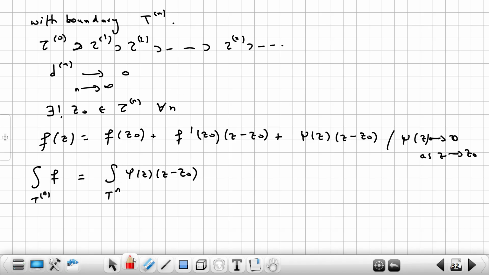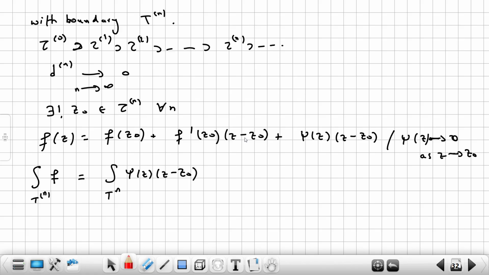And since f by assumption is holomorphic at z0, we can write f of z equals f of z0 plus f prime z0 times (z minus z0) plus psi z times (z minus z0), of course. Here psi z tends to 0 as z tends to z0. Now integrate both sides over tn.